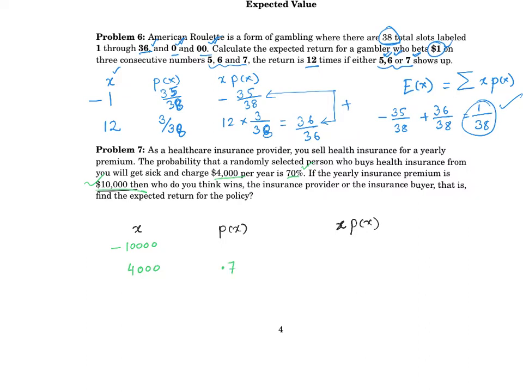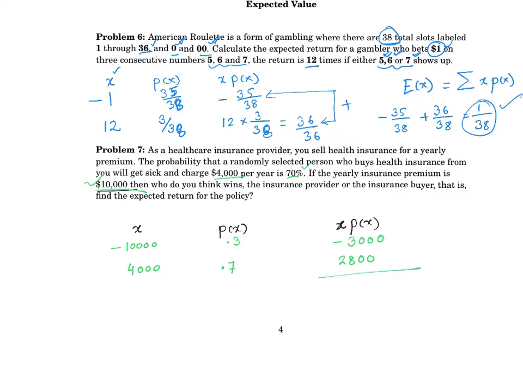So 0.7 times 4,000 is, by the way, $2,800. Your chances of getting sick is 70%. Chances of not getting sick is what? 30%, right? 100 minus 70 is 30. So that's going to be negative 0.3 times 10,000 is negative 3,000.